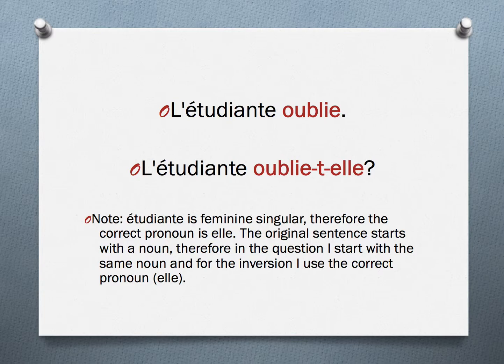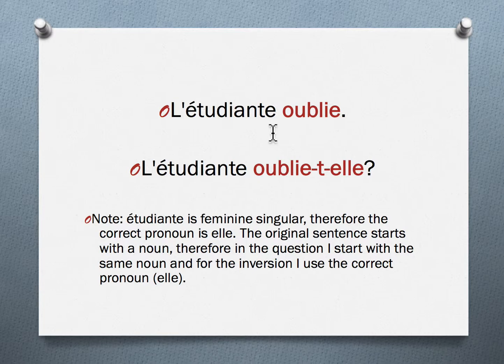Next. L'étudiante oublie. The student, a female student, because I have the E at the end, forgets. Question. L'étudiante oublie-t-elle? Étudiante is feminine singular, therefore the correct pronoun is elle.